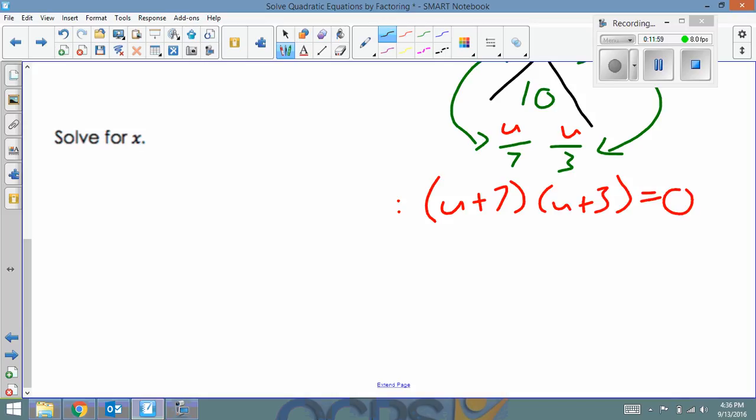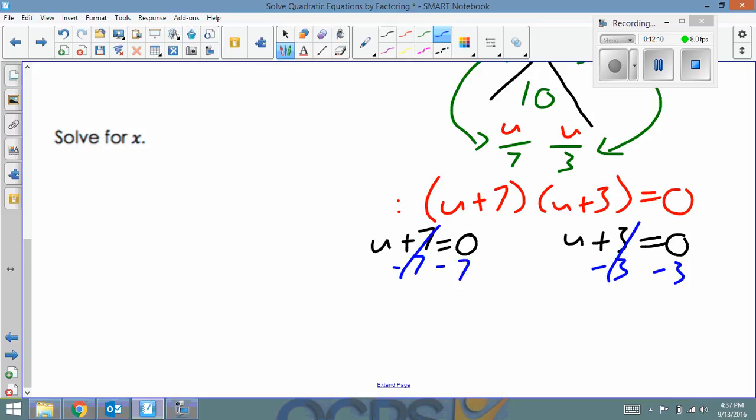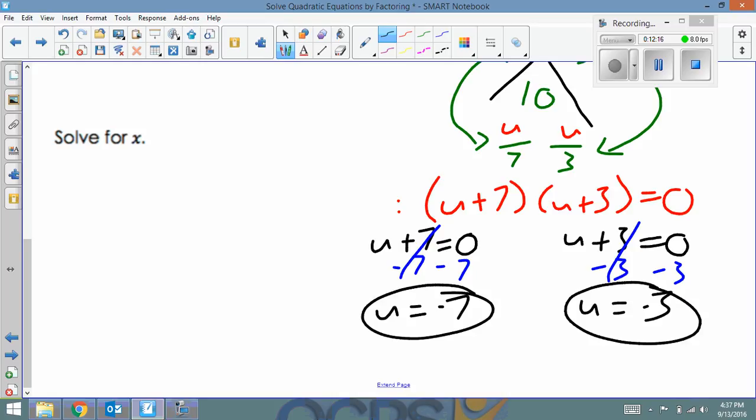We're going to set them both equal to 0, so u plus 7 equals 0, u plus 3 equals 0. Solve each one. So we know in this case, u is going to be negative 7 or negative 3. Okay, but that's not what it was asking us to find. It told us to solve for x here.